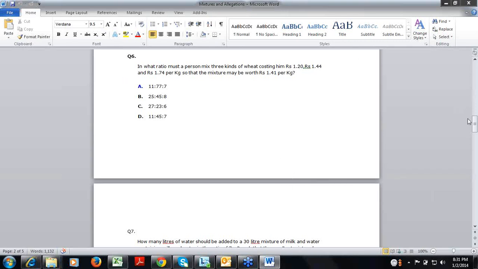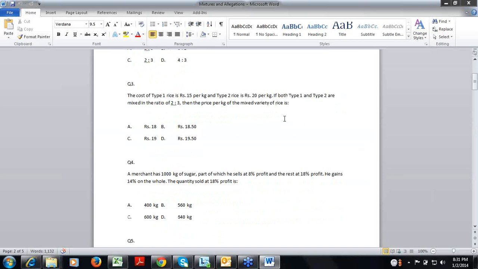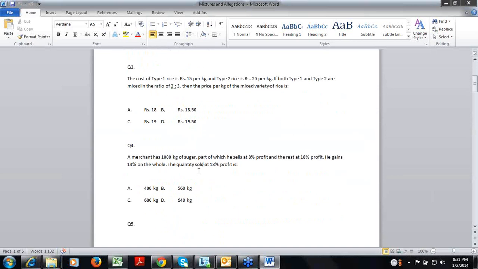Okay guys, let's review the questions. Question number 4. A merchant has 1000 kg of sugar, part of which he sells at 8% and the rest at 18% profit. He gains 14% on the whole. What is the quantity sold at 18% profit?